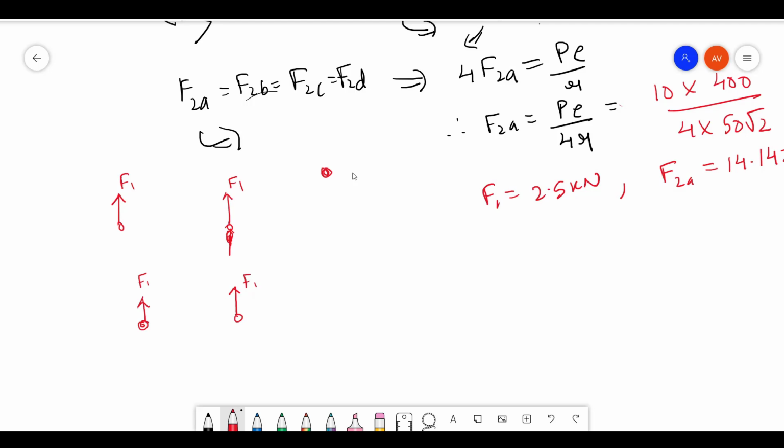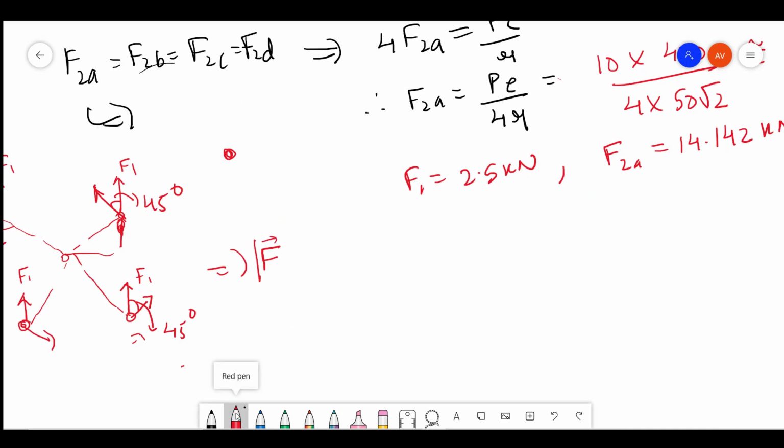Now you have secondary forces. Okay, if you look at the geometry, these are all at 45. Yeah, here the angle will be 45. This you will get from the geometry. Okay, so now let me just take this.